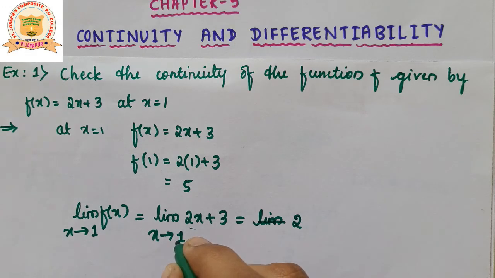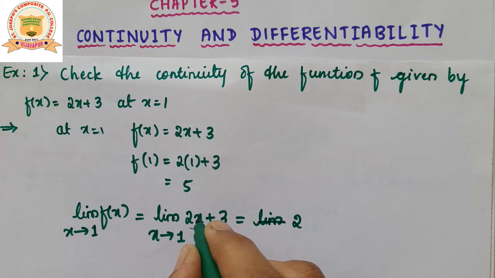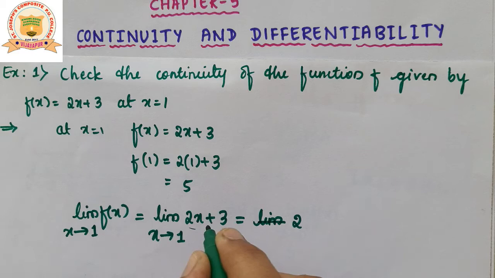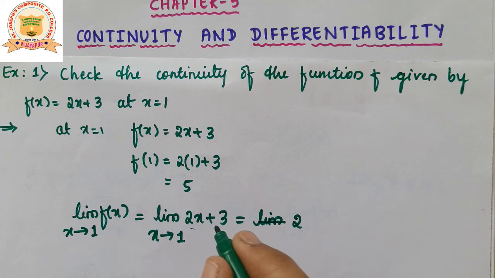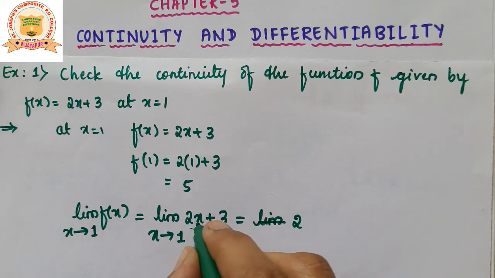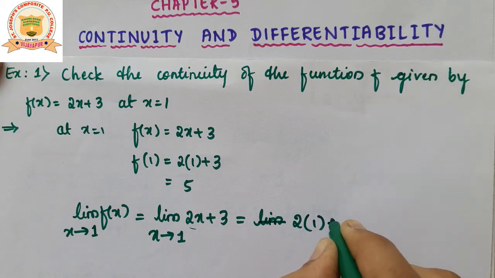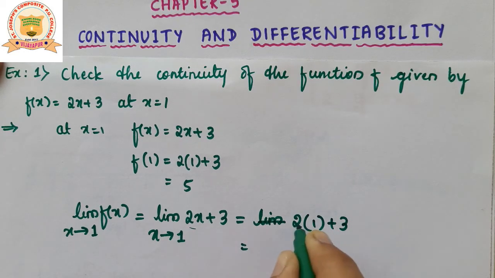For example, 0.9999999999. If you substitute an x value like that, you will get 2 into that term plus 3, which becomes 4.99999999, very near to 5 only. That's why we put the x value as 1 itself: 2 into 1 is 2, 2 plus 3 is 5.